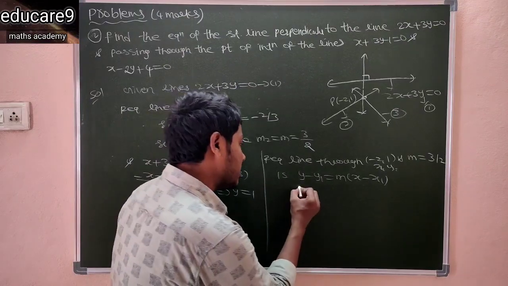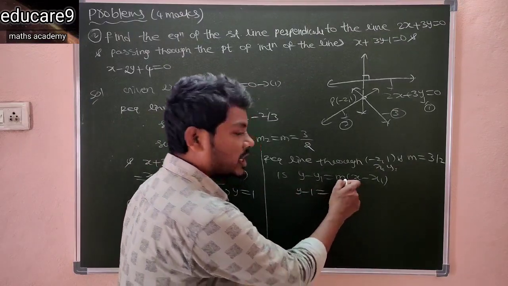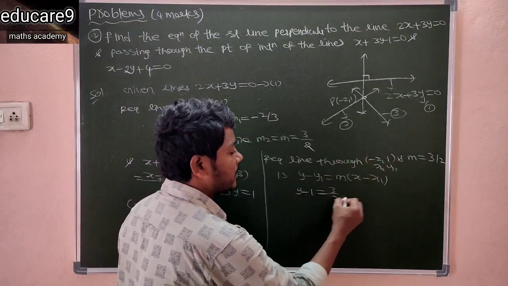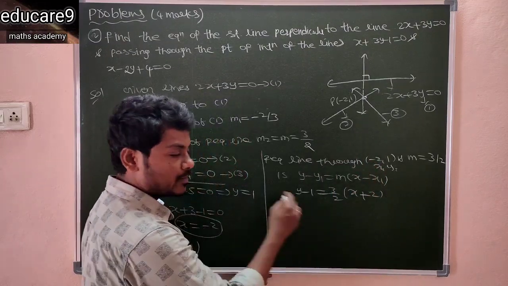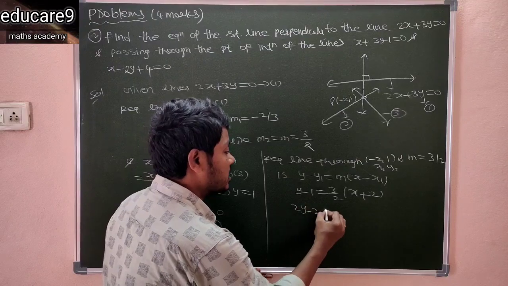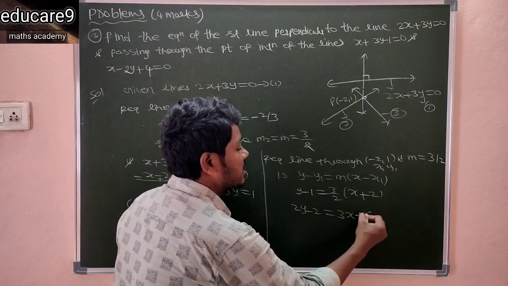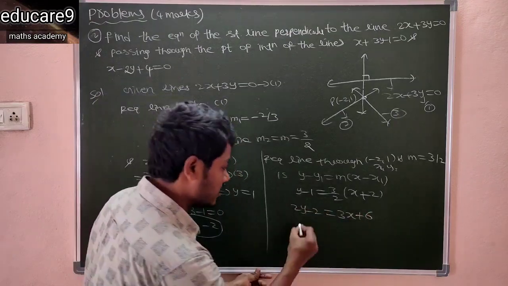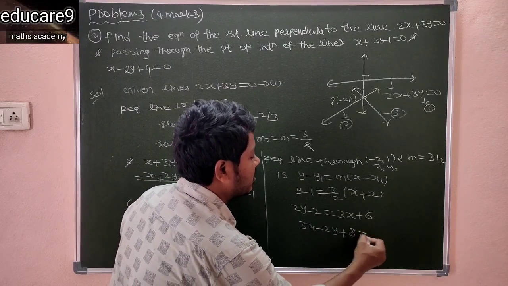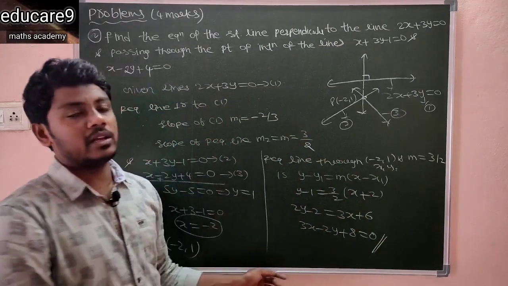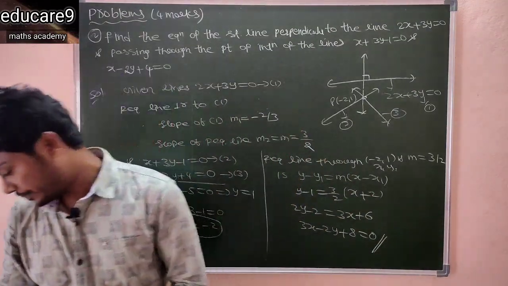So you get y minus 1 is equal to 3 by 2 into x minus x1, which gives x plus 2. Cross multiplication: 2y minus 2 is equal to 3x plus 6. Sending the right side across, it becomes 3x minus 2y plus 8 equals 0. So this is the required straight line.